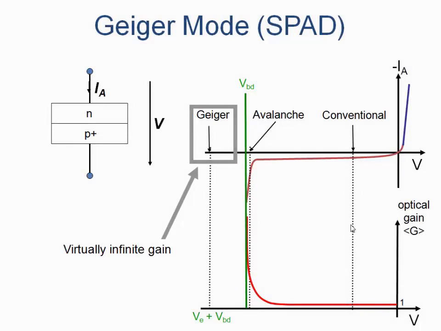If you're operating in Geiger mode, essentially you're operating above breakdown. For a short amount of time, the diode is going to survive, and if you have ways of quenching the avalanche, you can construct a response that is proportional to the arrival of a single photon. If you do that, you have your TCSPC for free.